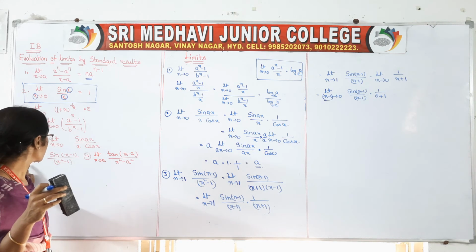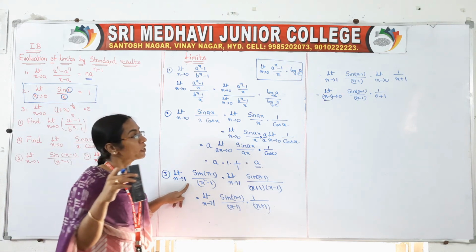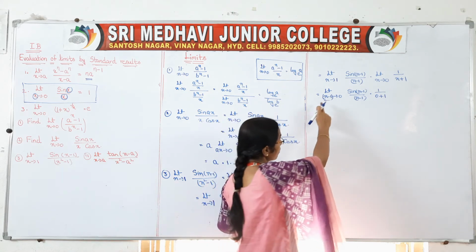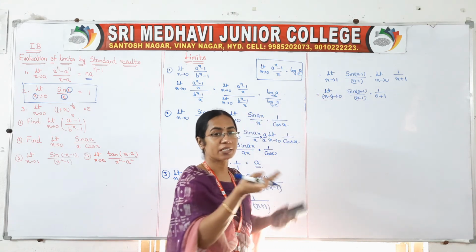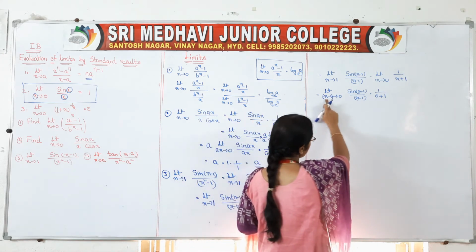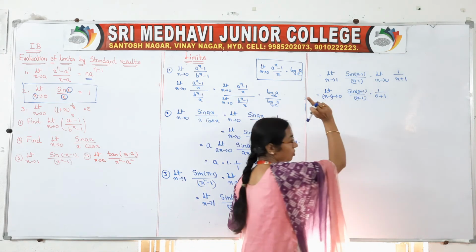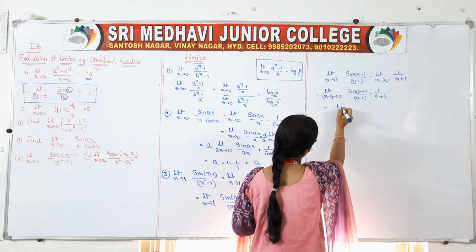So limit x tends to 1 is given to you. If x tends to 1, then x minus 1 means 1 minus 1, which is 0. So these three values are equal, and then only we can take that as 1.